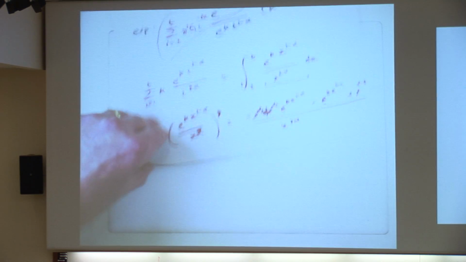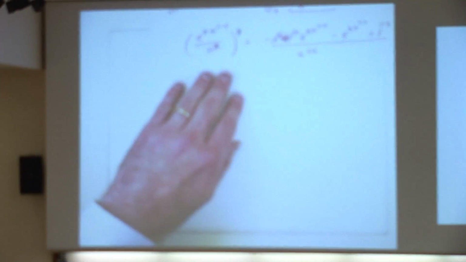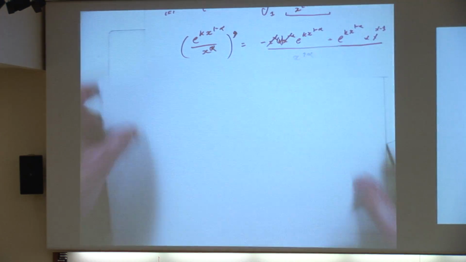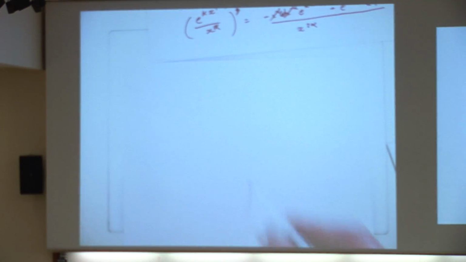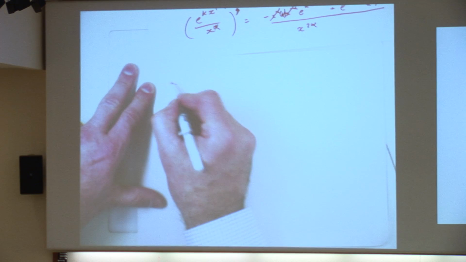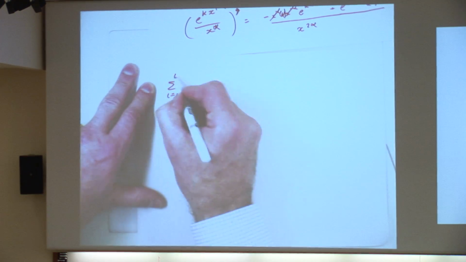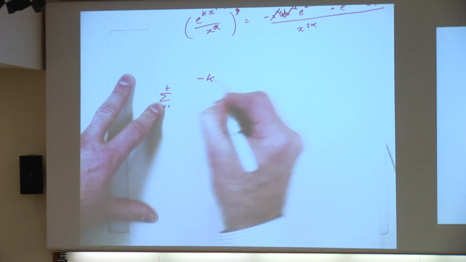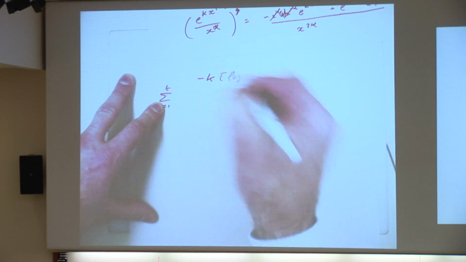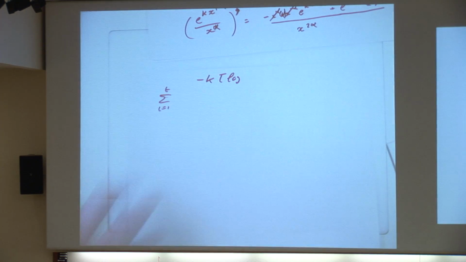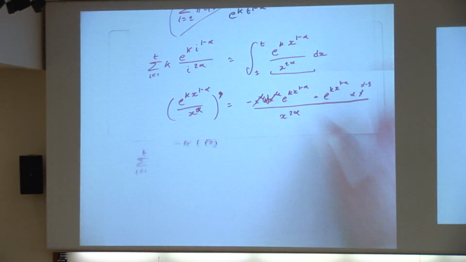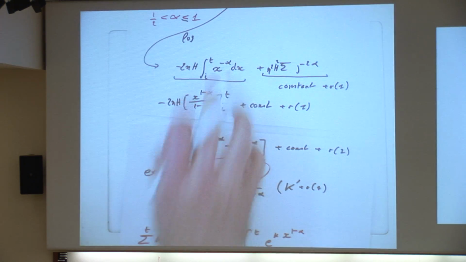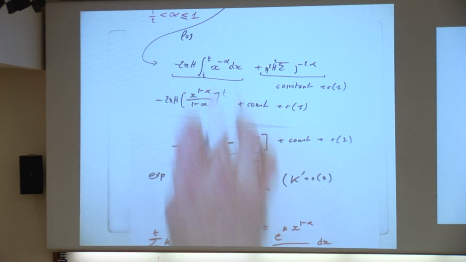OK, I'm going to do the case alpha equal 1. It's more interesting. So alpha equal 1 is the sum of i equal 1 to t. The derivative is going to be minus k log, because this time I don't derive x^(-1); the integral is going to be a log.